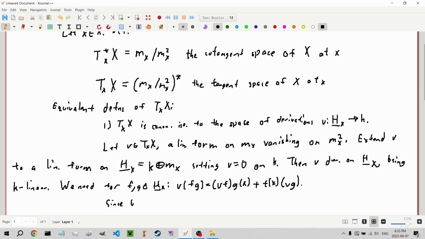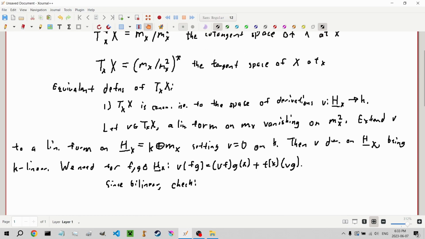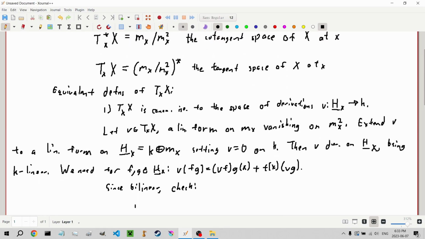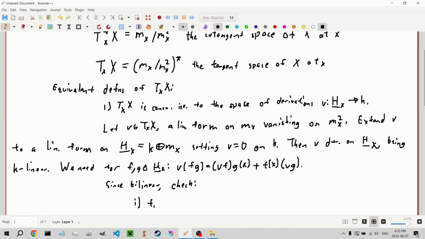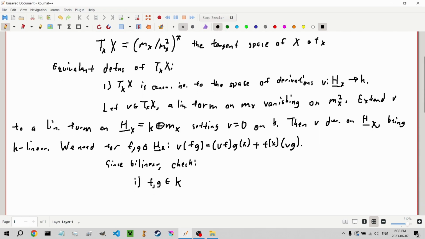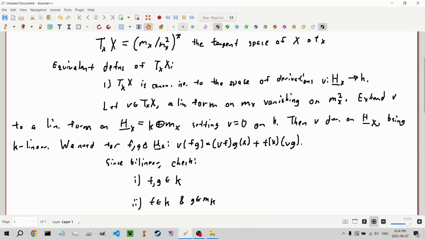Since this equation is bilinear, we can check in 3 special cases. First off, f and g are constant functions from our base ring. Second, we can have f be a constant function from our base ring and g be a power series with no local constant term.